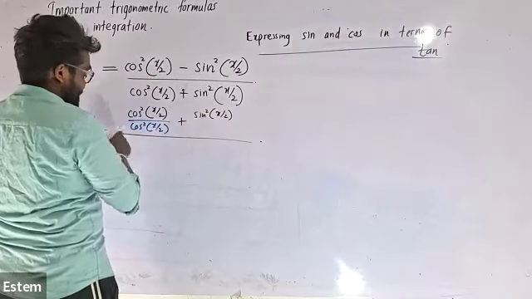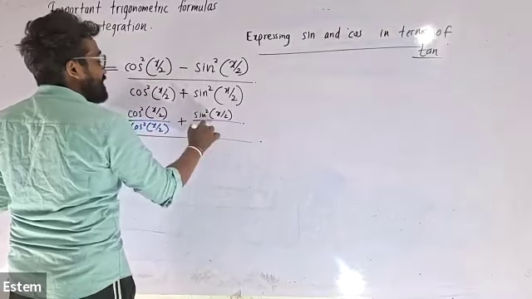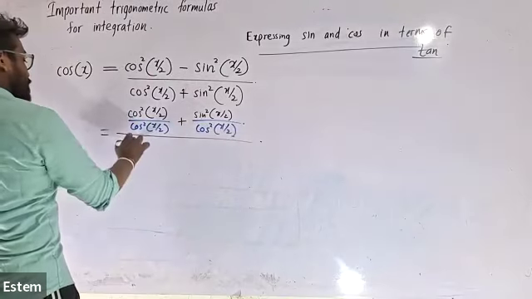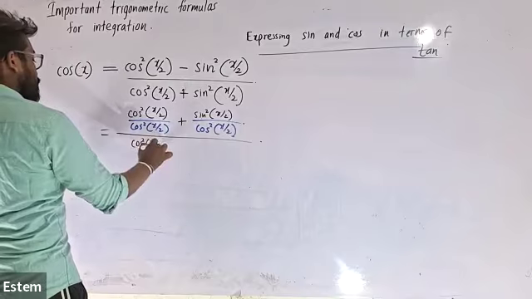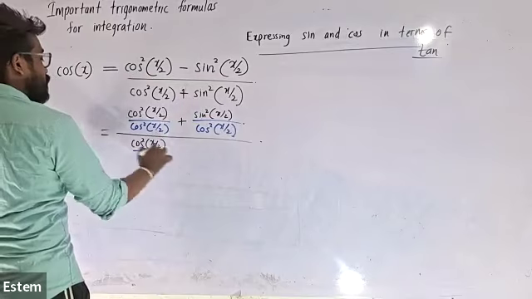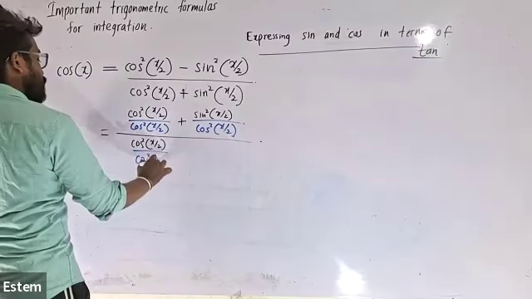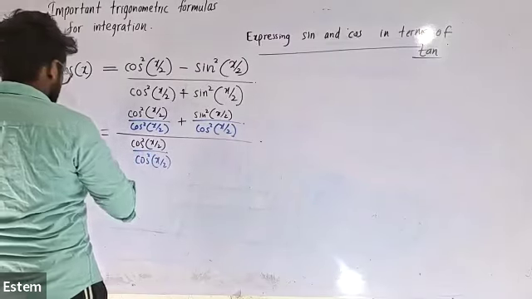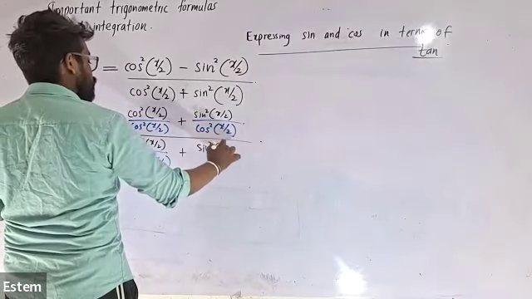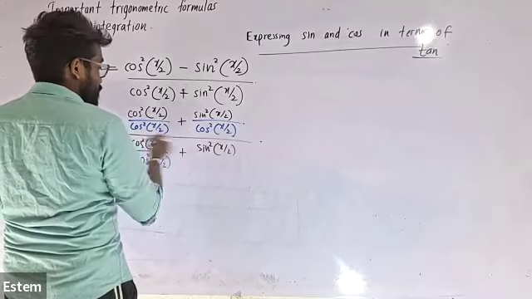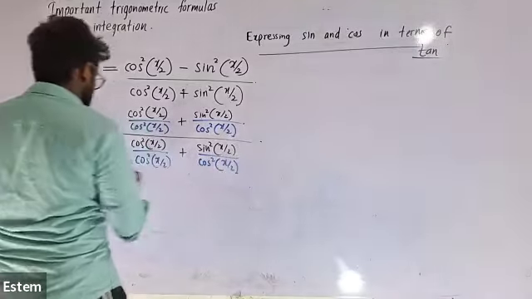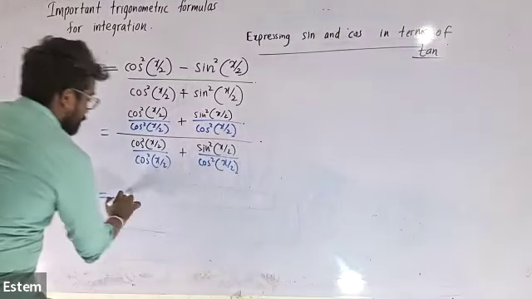Those are the things that are asked in the exam also. Dividing all 4 terms by cos squared x over 2. Now what's happening?